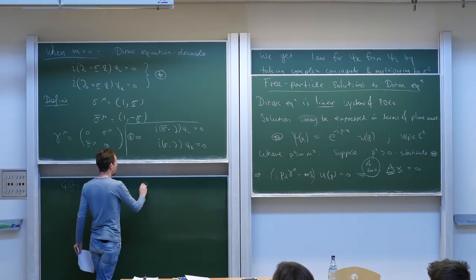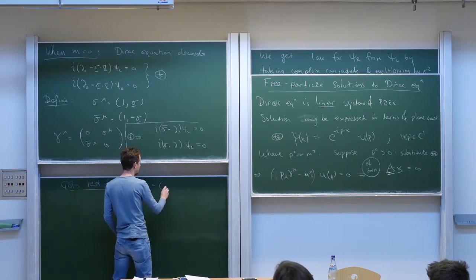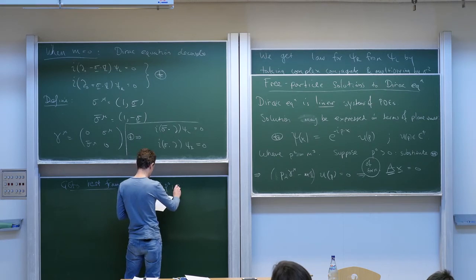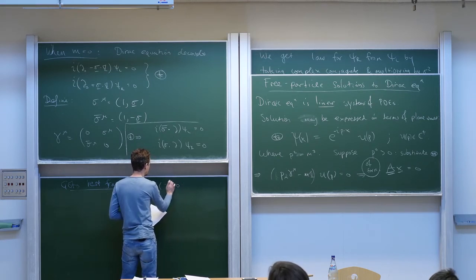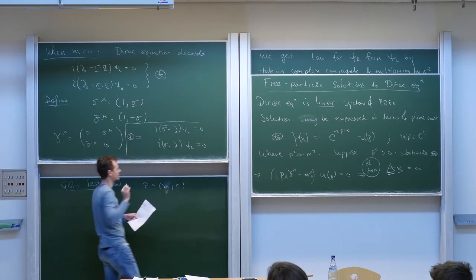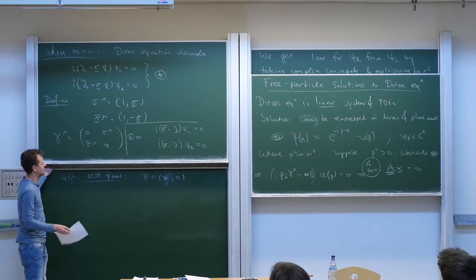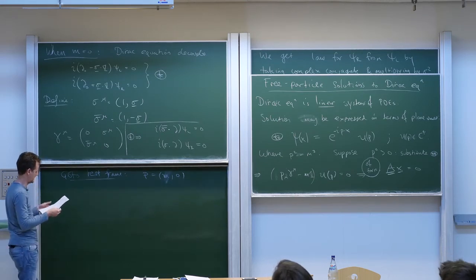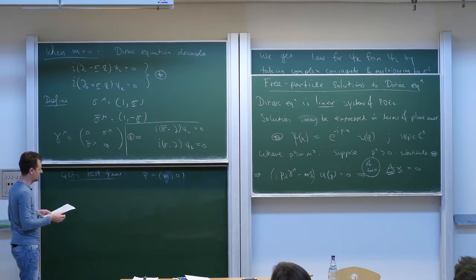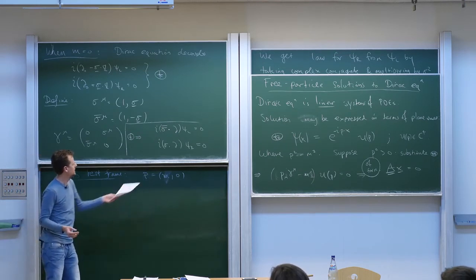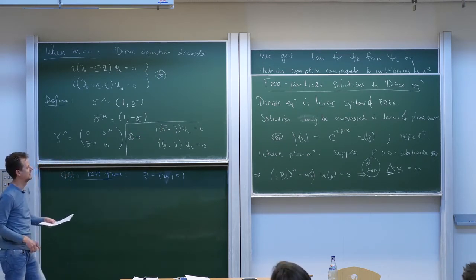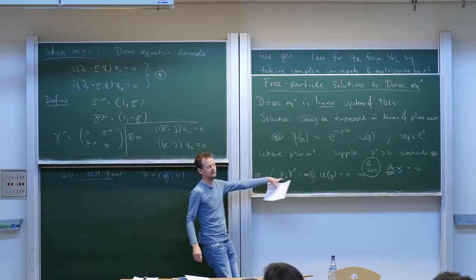So in the rest frame, we know that the momentum 4 vector has a specific form, doesn't it? It's P naught, and by virtue of the fact that we're in the rest frame, it must look like that. So the rest frame of this momentum 4 vector P looks like m comma 0. Has to be. But in terms of that momentum 4 vector P, this equation here gets really simple now, right?